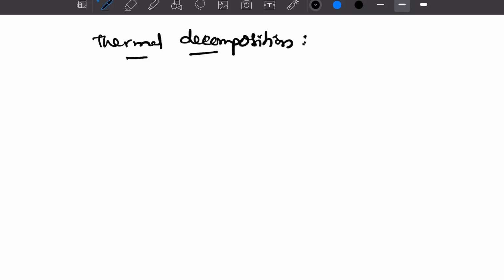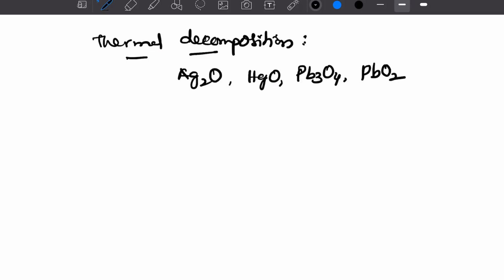For example, we take metal oxides: Ag2O silver oxide, HgO mercuric oxide, Pb3O4 plumbic oxide, and PbO2 lead dioxide. When these metal oxides are strongly heated, they give metals plus oxygen: 4Ag plus O2.